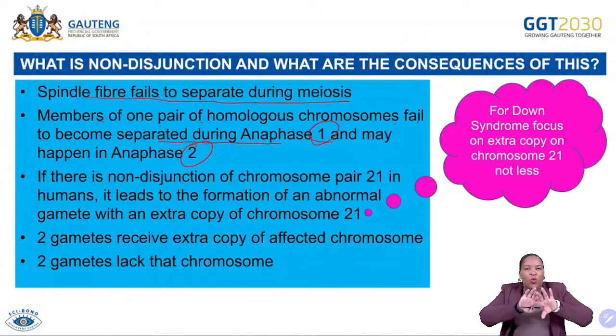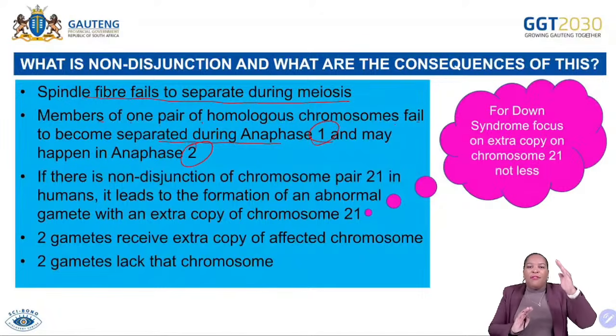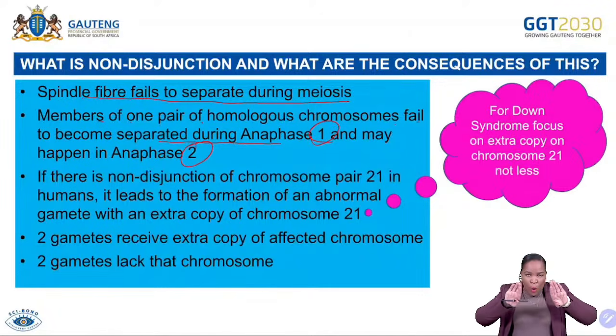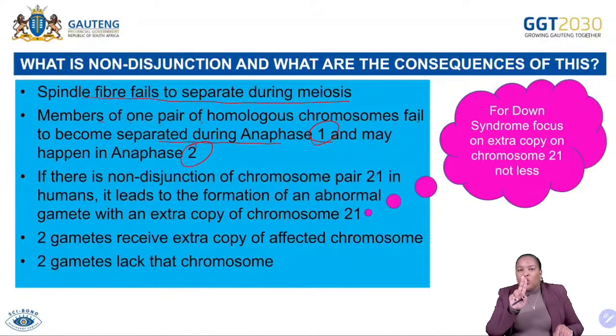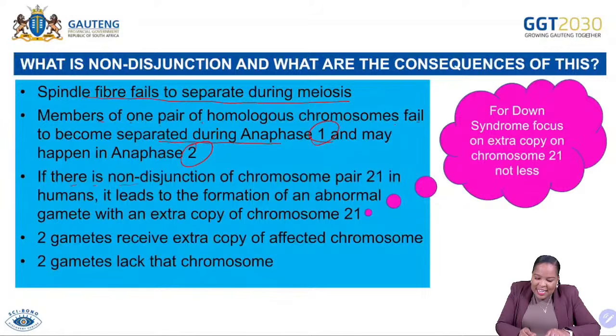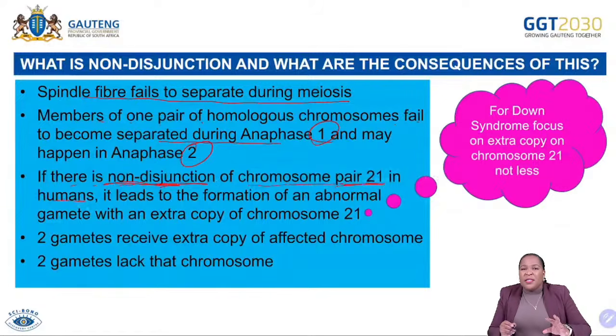Remember, anaphase is where they are supposed to separate. In anaphase 1, the homologous chromosomes are supposed to be pulled to the opposite poles. In anaphase 2, the chromatids are supposed to be pulled to the opposite poles. Now, if there is non-disjunction of chromosome pair 21 in humans, remember, you must be specific here.